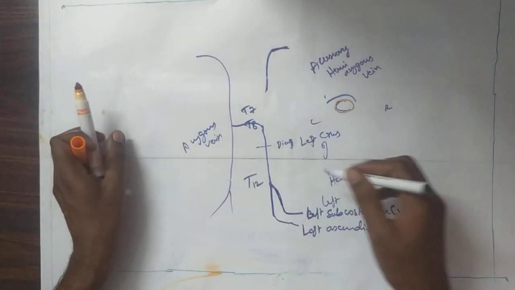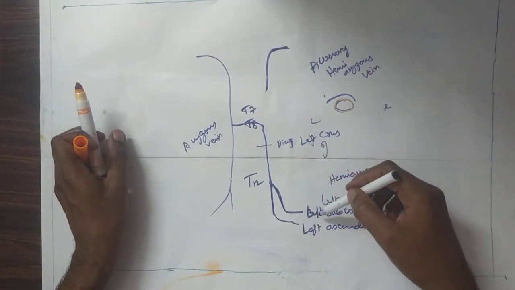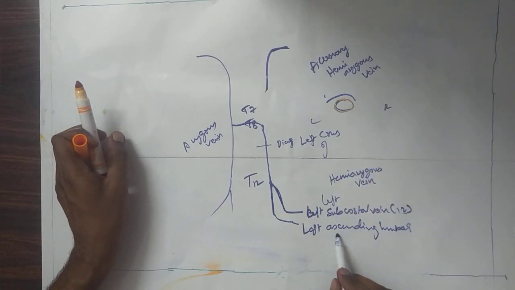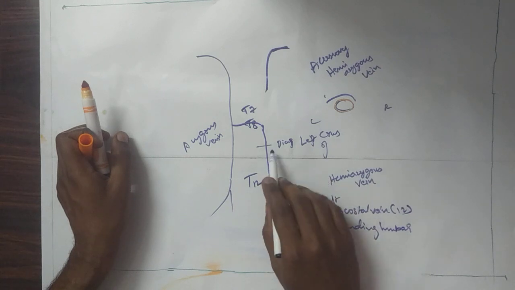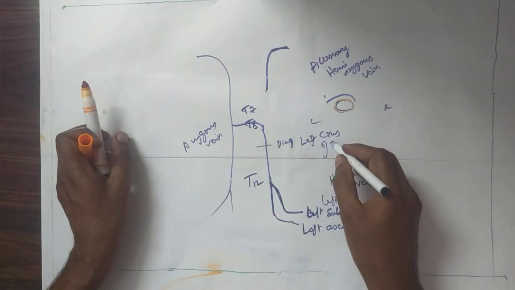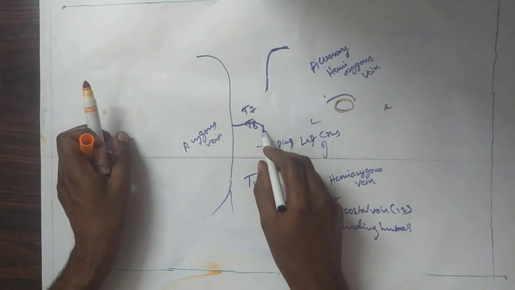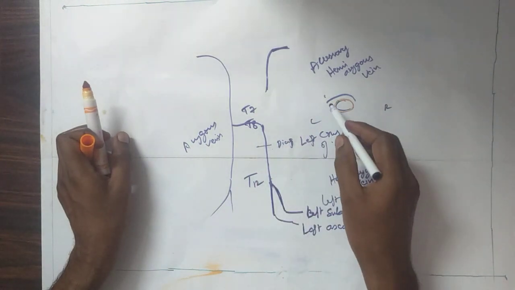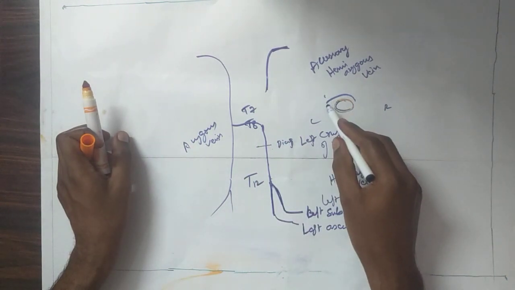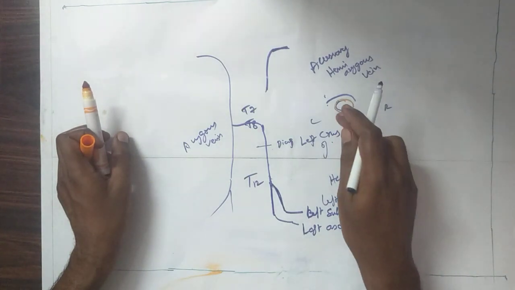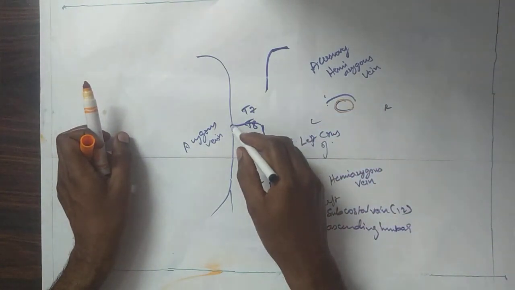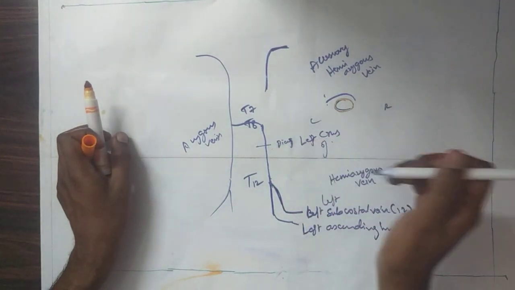So this is your hemiazygos vein. How it is formed: left subcostal vein and left ascending lumbar vein are fusing to form at the level of T12. Then it's piercing the diaphragm through the left crus of the diaphragm. Then at the level of T8, it's crossing from the left to the right, anterior to your vertebrae, and it's draining into the azygos vein.